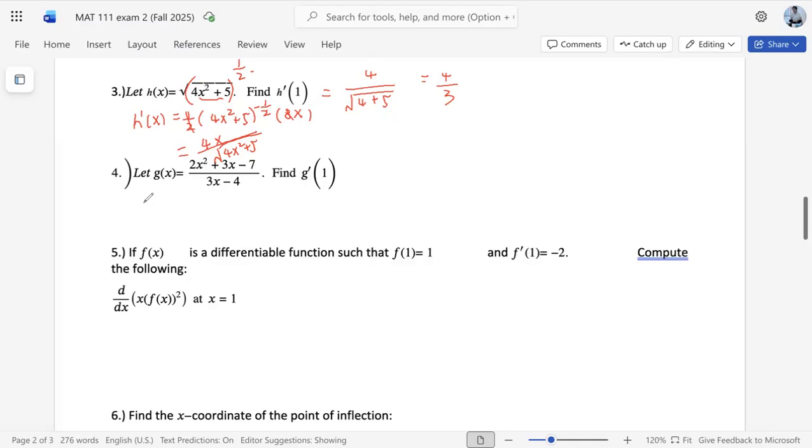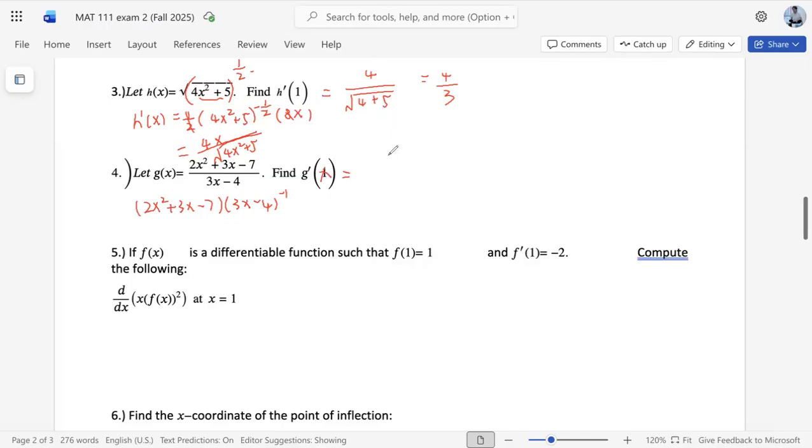Well, this one we can rewrite it as, if you want to apply the quotient rule, that's fine. Otherwise, we could rewrite as 3x minus 4 raised to negative 1, right? So g prime of x, or let's just do g prime of x first, then we evaluate at 1.